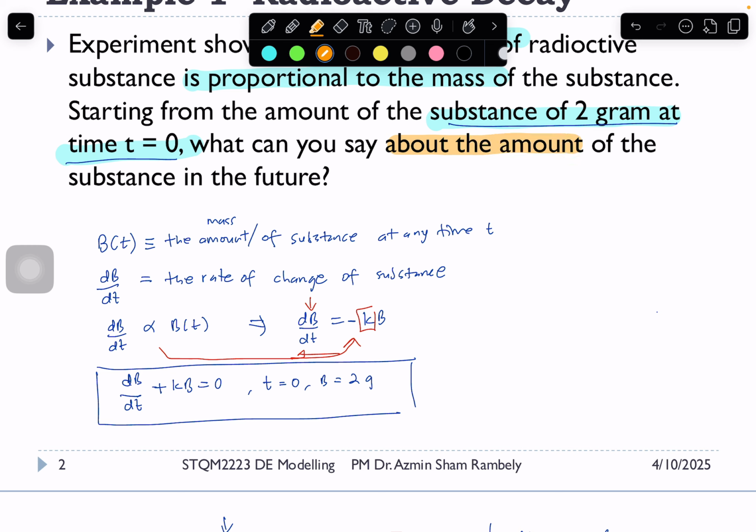So this is the question. You were not asked to solve for b, but of course you have to find it so that you can answer this problem. What can you say about the amount of the substance in the future?